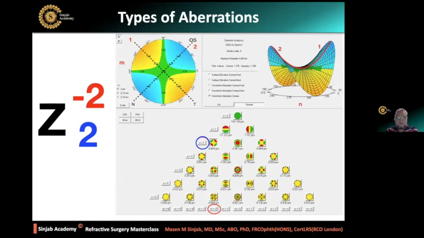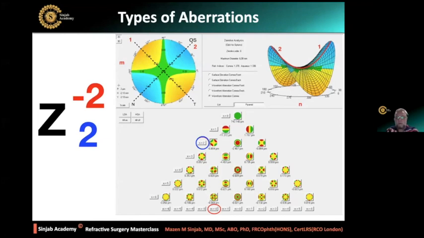Number 2, N2, means there are... let's start with the red one. The meridian -2. Minus, it is vertical. All right, so 2 means that there are 2 cardinal, 2 main, principal meridians, 1 and 2, if you see the 2D display on the left.